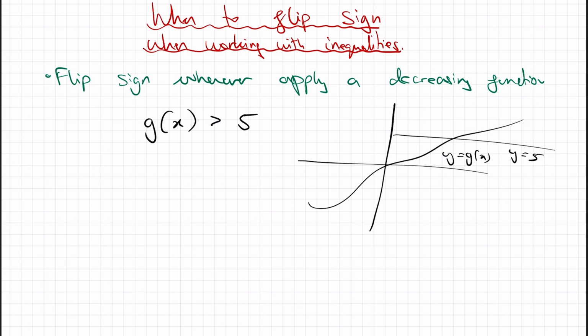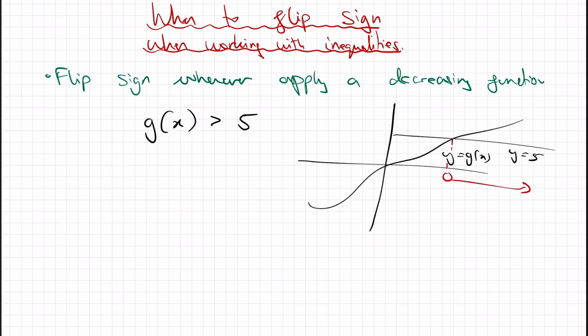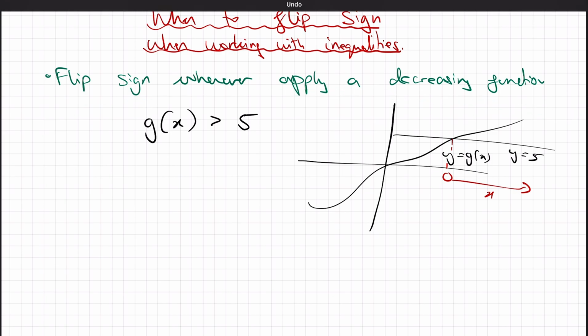So these are our points, and if we're trying to find a region where g of x is greater than 5, it's obviously just going to be everything past this. So these are our solutions for x. And now, how could we actually solve for that? Well, we might want to use the inverse of g. Or before we do that, I'll just explain why you flip the sign whenever you apply a decreasing function.